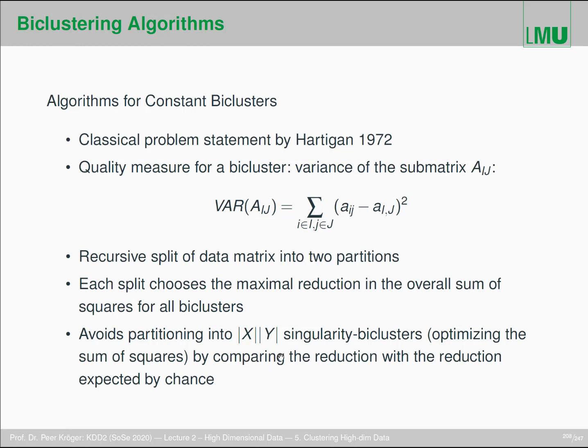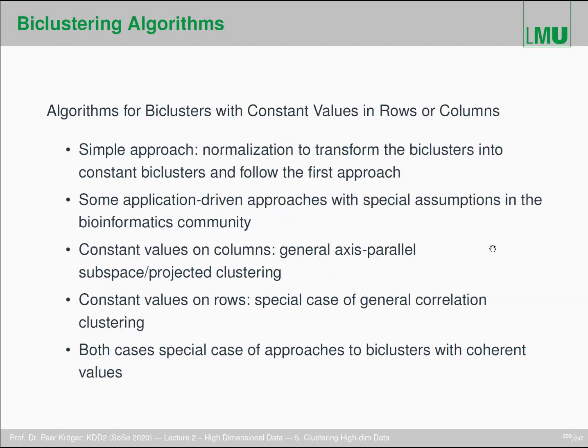So Hartigan proposed to compare the reduction of this trivial or overfitting thing with the reduction expected by chance, and if that is smaller, then you take it. If it's not smaller, then you probably leave it. So that's the original algorithm for constant bi-clusters.